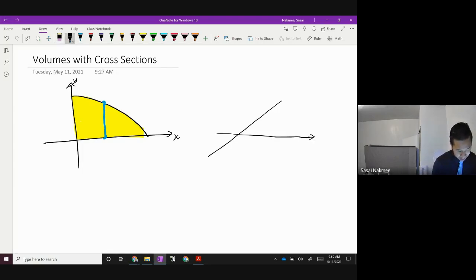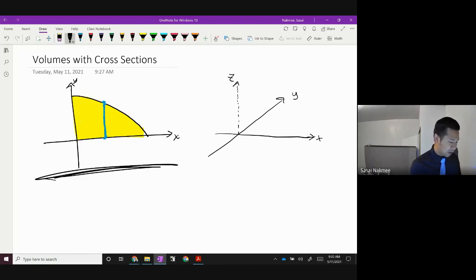This is my x-axis, this is my y-axis, and it's a little bit flat now. My z-axis is coming out of this thing like this. That's my z-axis. Let's make that a little bit bigger. It's coming out of this axis like this, whereas if you're looking at this drawing, it would literally be coming out of the screen.